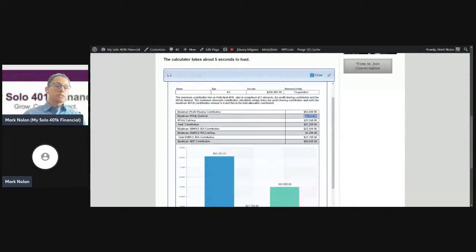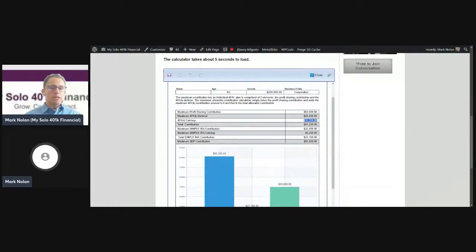So then you could still do the employer Roth 401k contribution of $50,000, and then you could do the full super catch-up contribution of $11,250 for a total of $61,250 in contributions and Roth contributions.